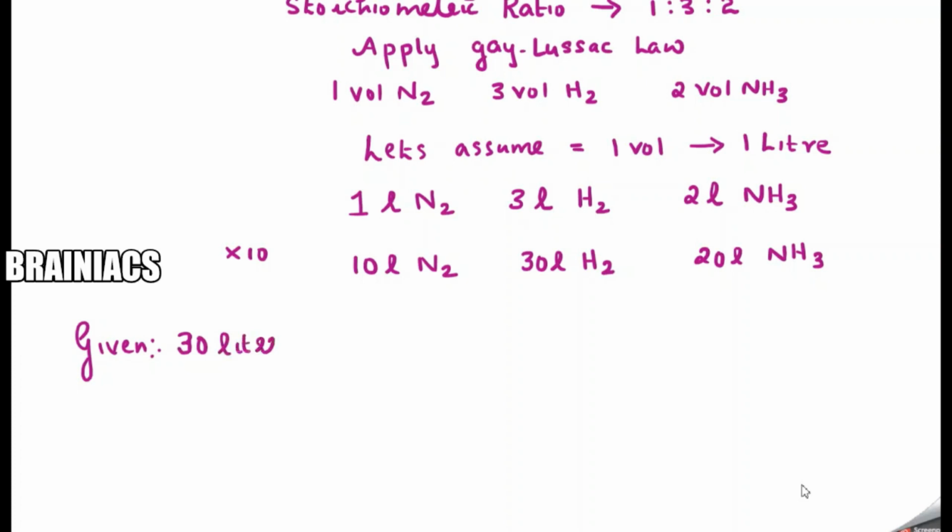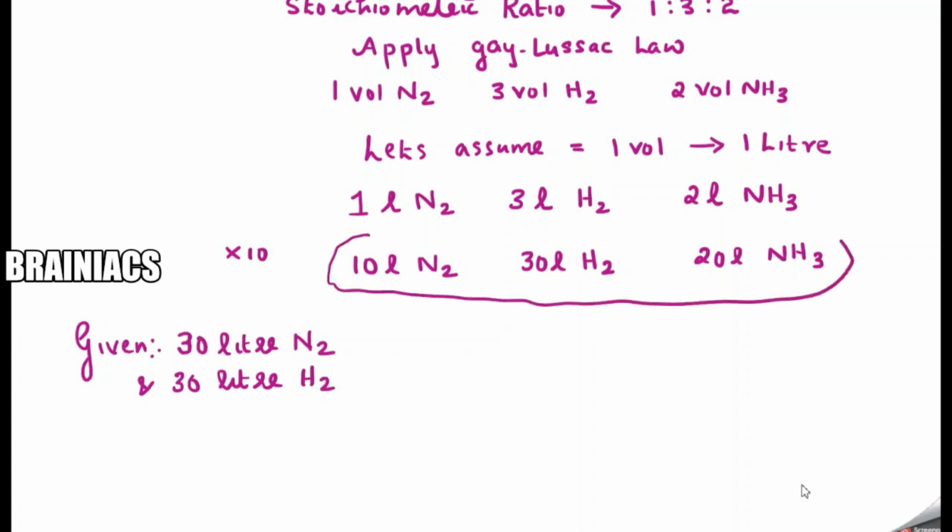Now you tell me, based on Gay-Lussac's law, I know that 10 liters of nitrogen needs 30 liters of hydrogen to form 20 liters of ammonia. Correct. So tell me which will be the limiting reagent here, nitrogen or hydrogen? Surely nitrogen will be the limiting reagent. Here, if you see, 30 liters of hydrogen is completely used.